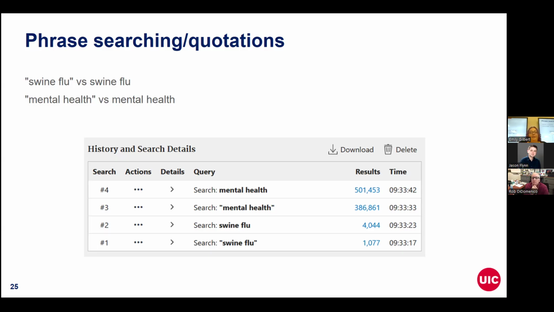With mental health, it's obviously something there's been a lot more written about, so it takes us down like a whole 100,000 and some change by just adjusting the punctuation there, adding the quotation marks. So this is a really easy thing you can do to make your search better.